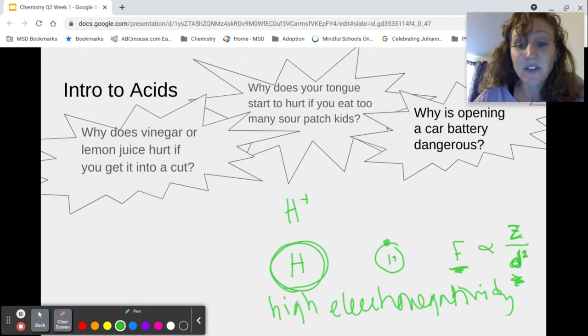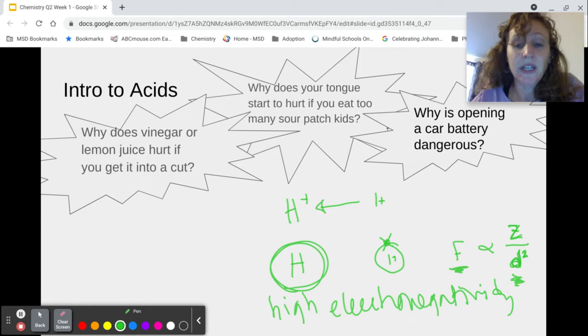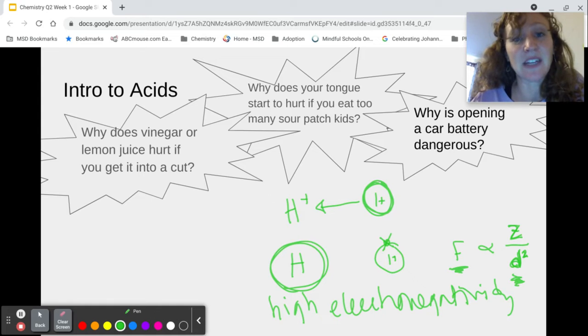Which means if you take that electron away and you just have that one lone proton floating around, which is what the hydrogen ion is, that one lone proton is going to go seeking electrons, and it's going to fight for those electrons to rip them off of anything it possibly can find. So when it comes in contact with something that has electrons to give, it's going to be super attracted to that other thing.